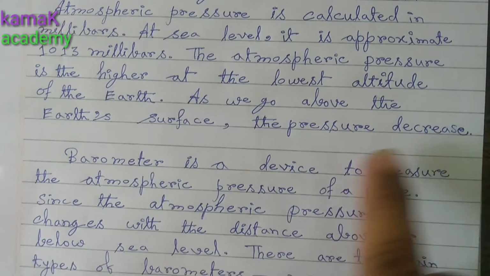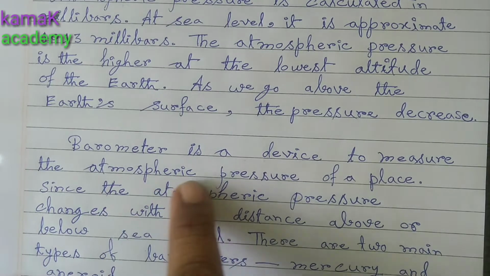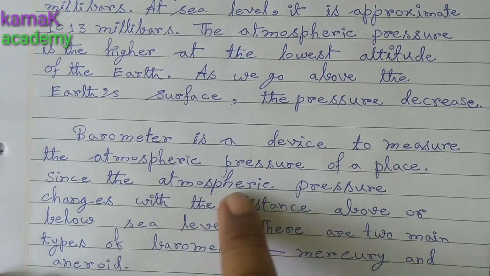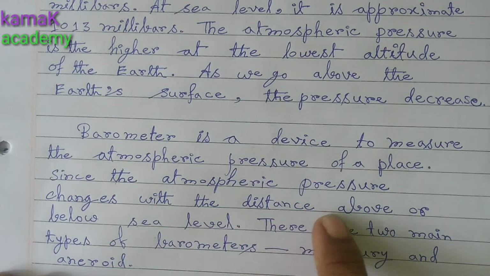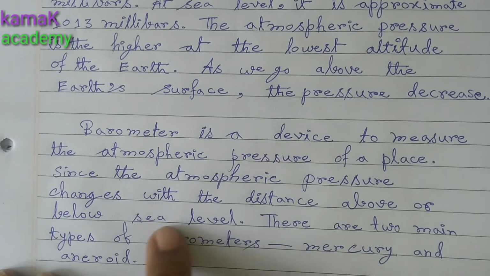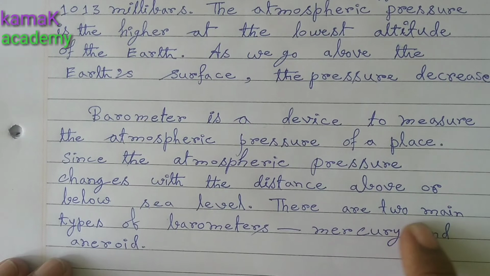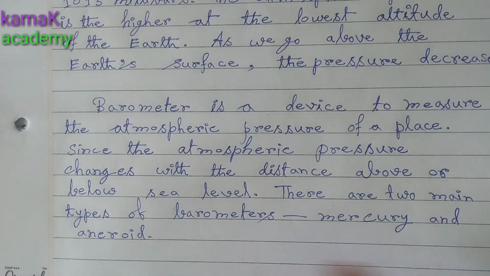Next para. Barometer is a device to measure the atmospheric pressure of a place. Since the atmospheric pressure changes with the distance above or below sea level, there are two main types of barometers, mercury and aneroid.